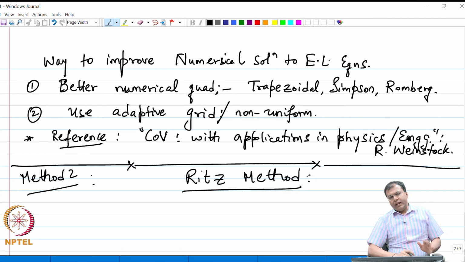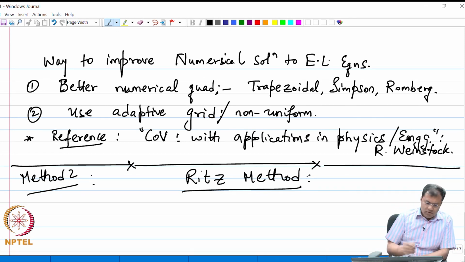This method tells us that rather than approximating by taking the values of the function at a finite number of grid points, we could use a set of basis functions to approximate our extremum function. We could use a set of orthogonal basis functions and expand our functional in terms of the basis functions. So, the idea is as follows.